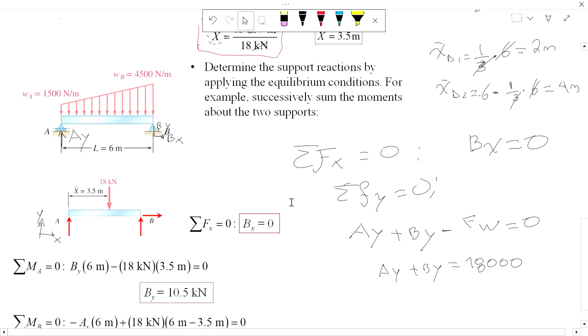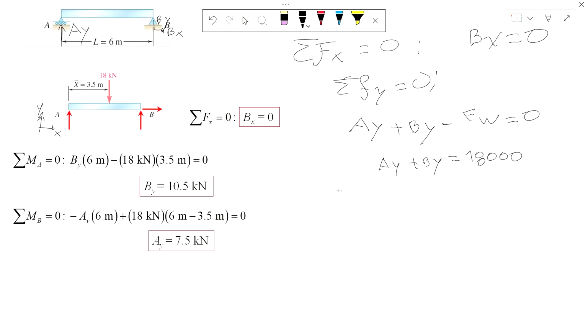Perfect. So we have two unknowns, but only one equation. So let's go ahead and compute another equation, so we have two equations, two unknowns. So at A, AY is going to be 0 because it's on the point, equal to 0, and counterclockwise is positive, remember. So whatever force is going to be counterclockwise, that's going to be positive.